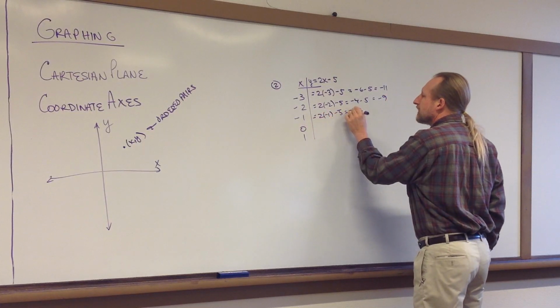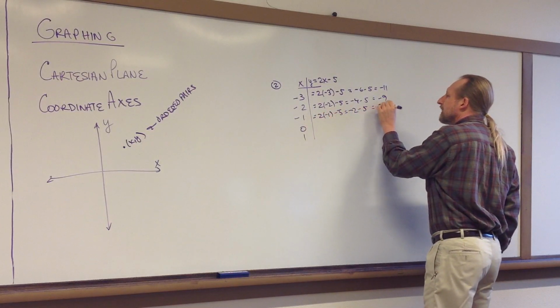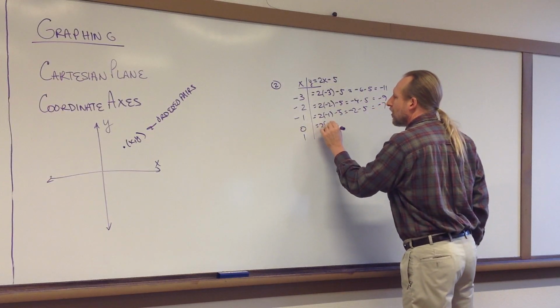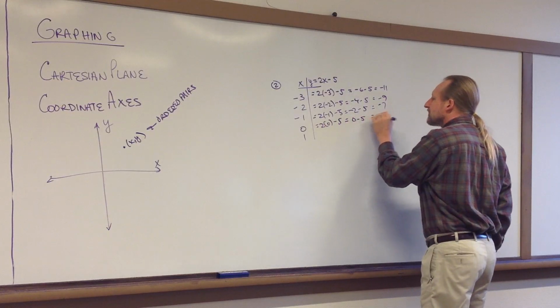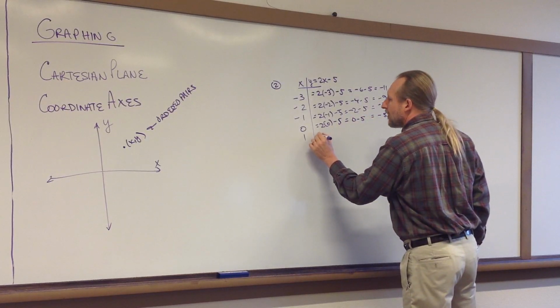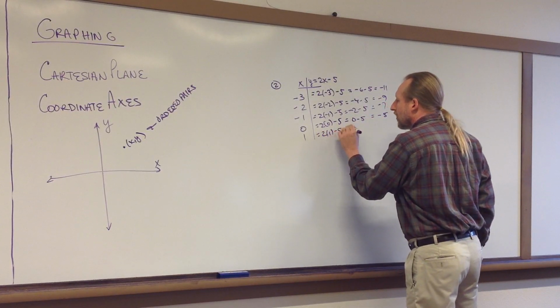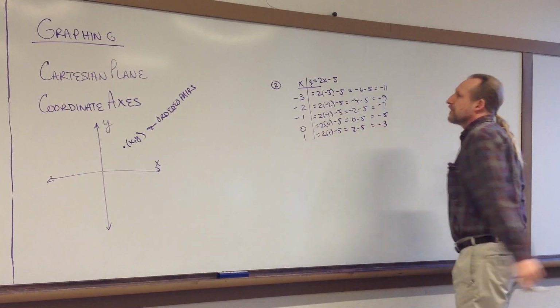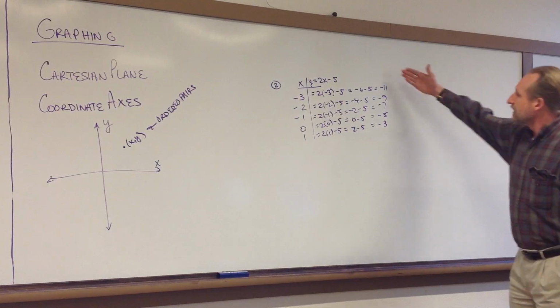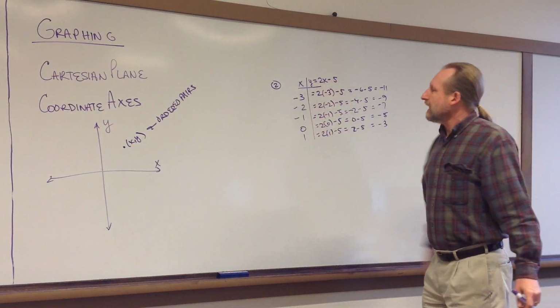Plug in the -1, and we get -7. And 0 gives us -5. And then the 1 gives us 2 minus 5, -3. So there are the y values for each of these x values.